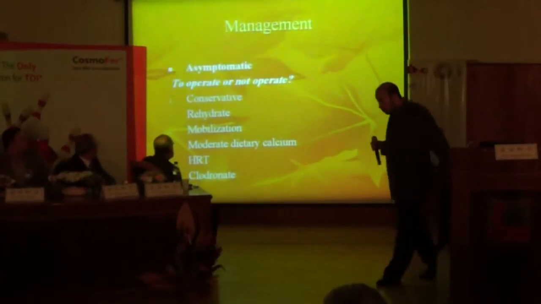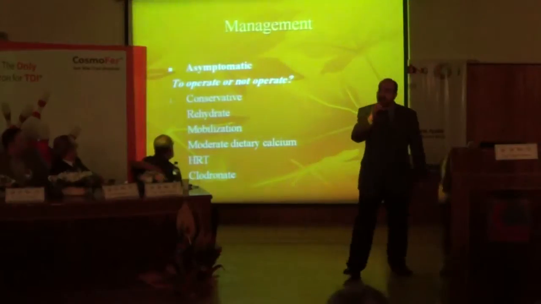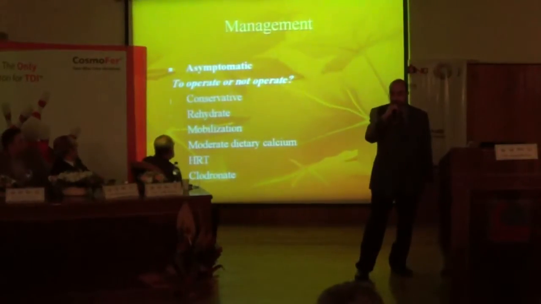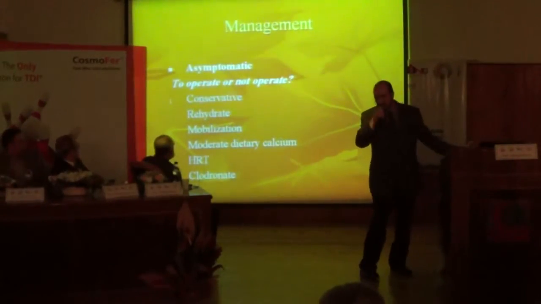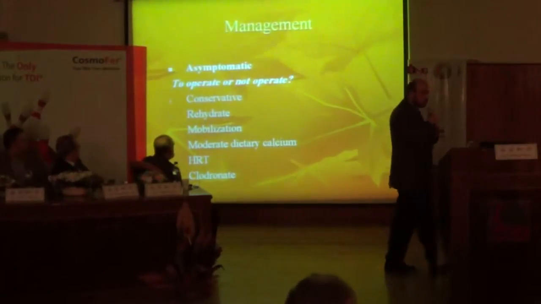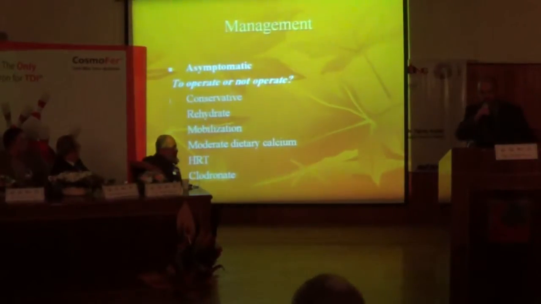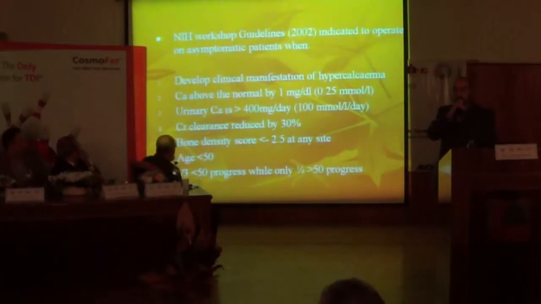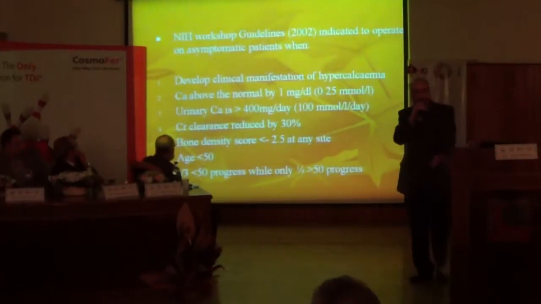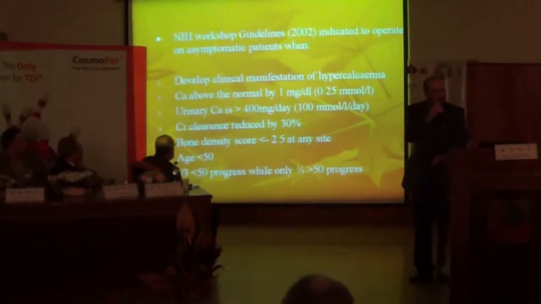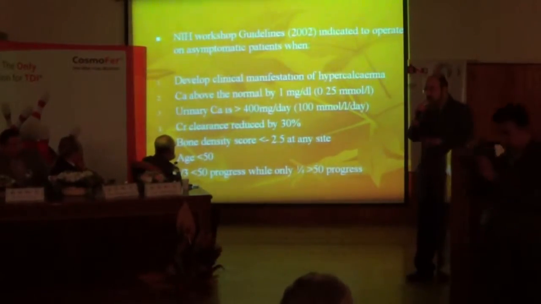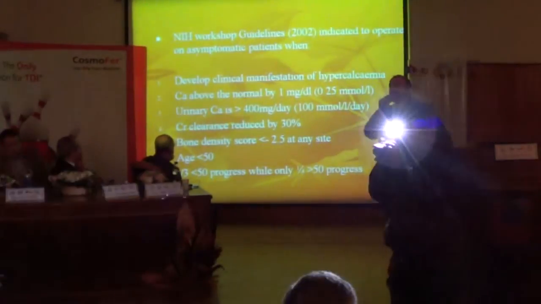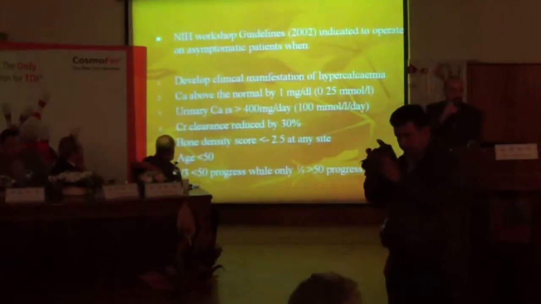Management. Still in primary hyperparathyroidism, asymptomatic: why not treat conservatively, rehydrate, mobilize, give HRT? And actually, the National Institutes of Health in 2002 came out with wonderful guidelines defining when to operate on asymptomatic primary hyperparathyroidism patients.